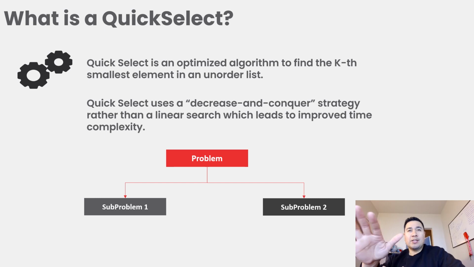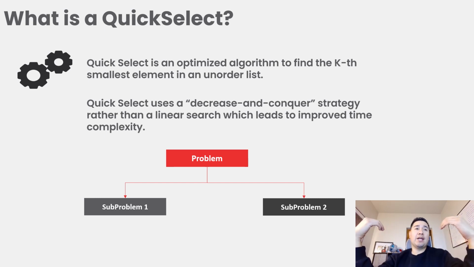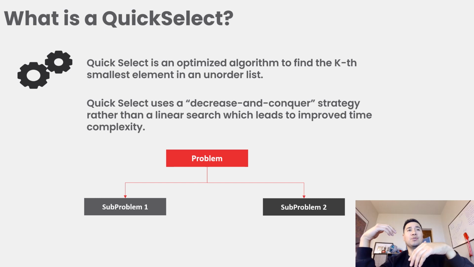I try to illustrate that here really simply, by understanding the concept of decrease and conquer. We try to unpack a problem into smaller problems, which are more manageable, or that we already have information to solve. So essentially we're breaking the problem down into smaller sub-problems.